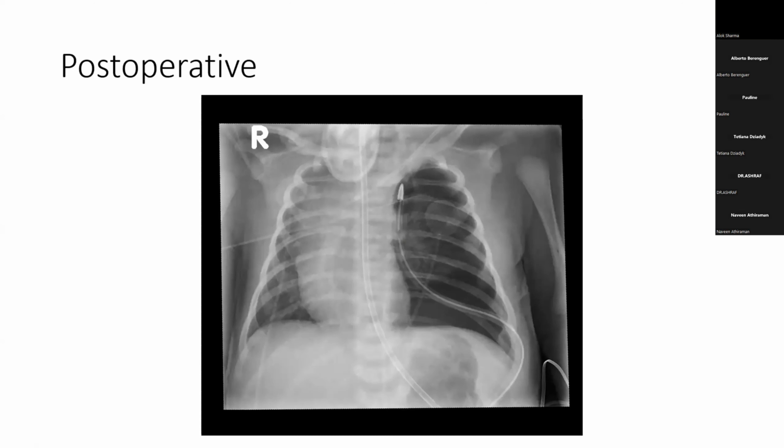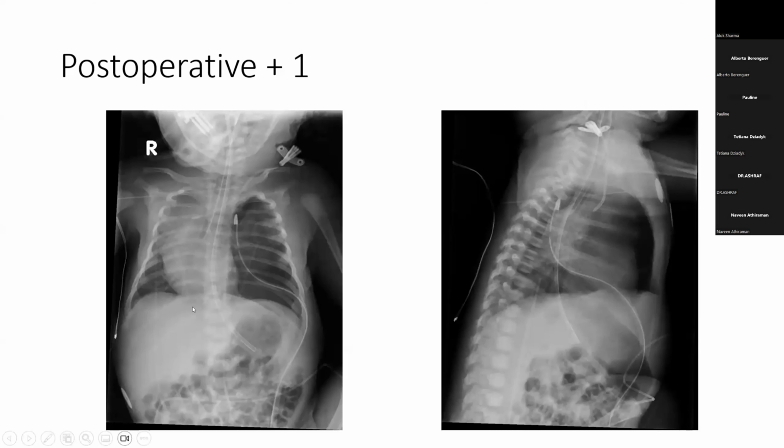And then the patient got operated. This was the first X-ray post-operative, where you see the lung, but also a lot of pneumothorax, or a lung that didn't get recruited due to lung hypoplasia. But what I was sending yesterday in the group was, after this X-ray, here you see more air.